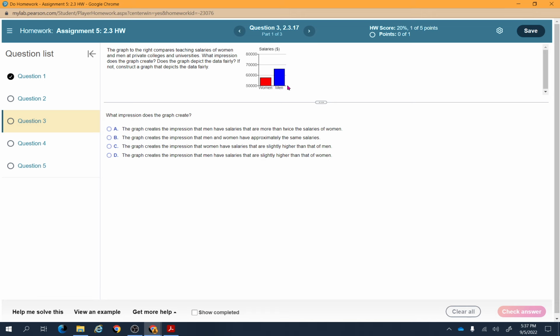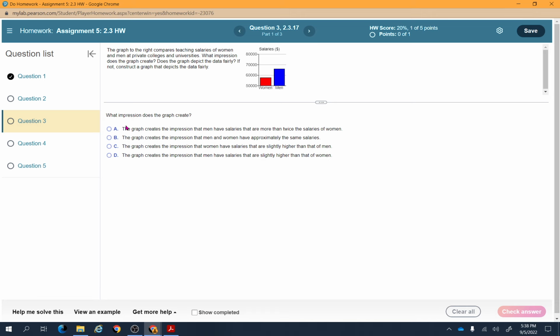By just looking at this graph without paying attention to the numbers, you can see that the men's salary looks like double the women's salary. But if you focus on where they are starting, it's starting at 50,000. So the women's average salary is slightly less than 60,000, and the men's average salary is almost less than 70,000, which is not double. So this is not the right impression this graph is giving us.